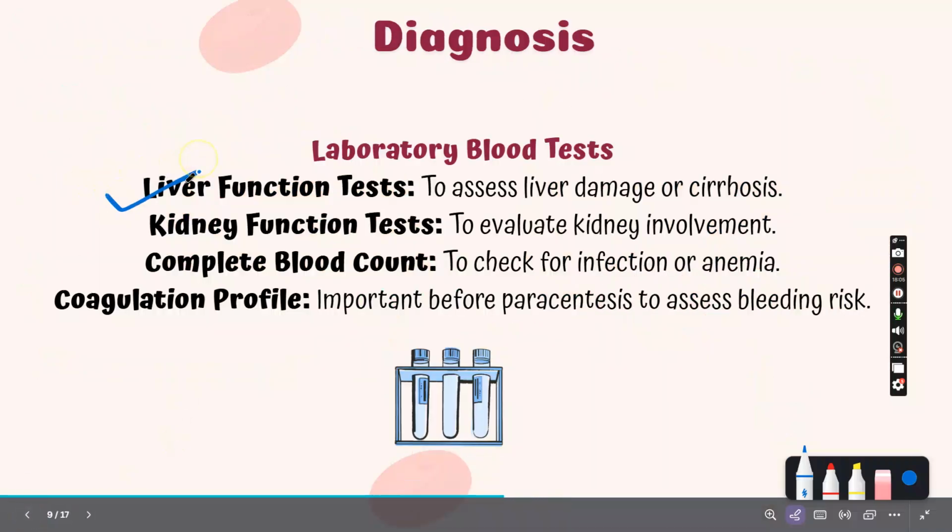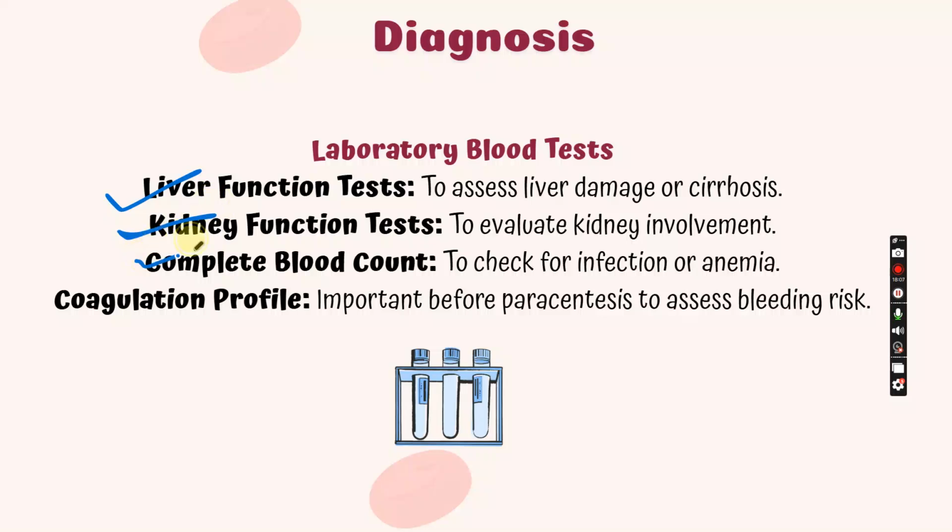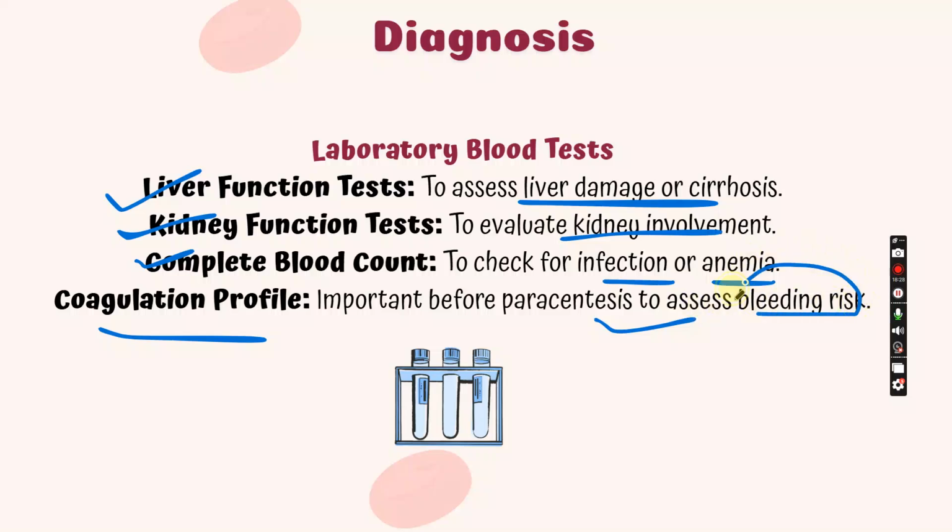Then we can do other tests like LFT, kidney function test, and complete blood count to detect an infection or anemia. Kidney function test is to see kidney involvement, liver function test to determine liver damage or cirrhosis. Coagulation profiles are done in order to detect any bleeding risk.